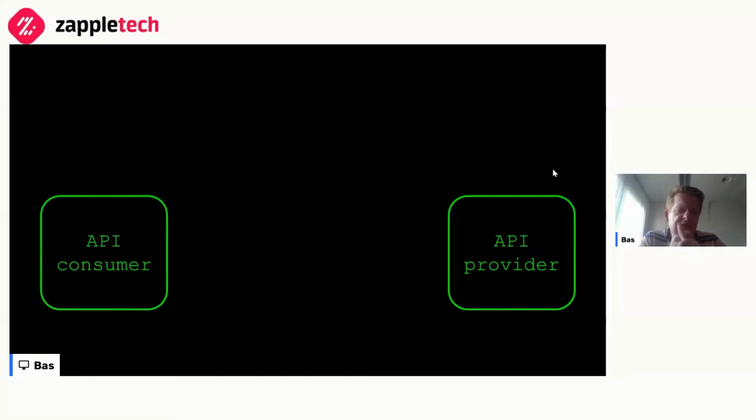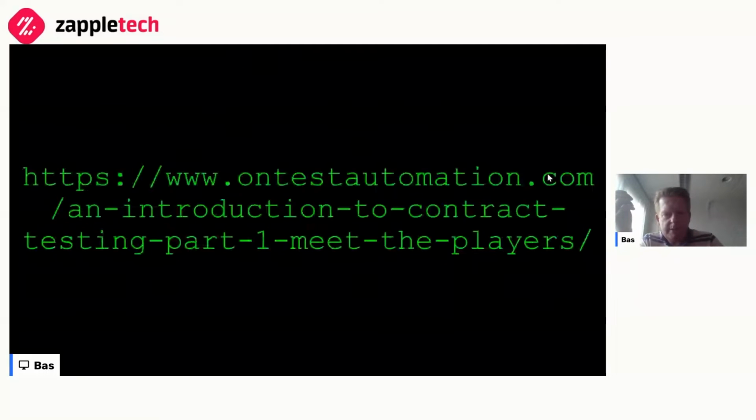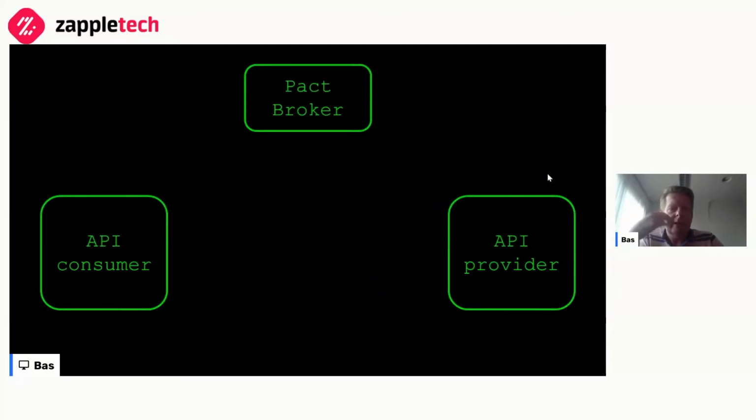The way the typical consumer-driven contract testing workflow with tools like Pact works is we have a consumer, we have a provider, and we have a broker.